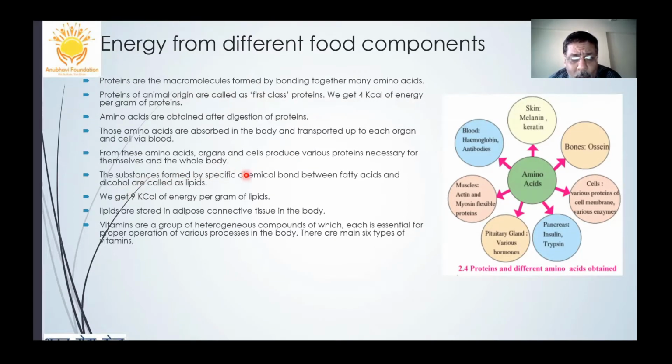Now, when we come to fats, fats are converted to fatty acids and then they are used for oxidation, which will release 9 kilocalories of energy per gram of lipids. Okay, the lipids are generally stored in adipose tissue, which is a type of connective tissue in the body, and also in the fat cells of the liver.